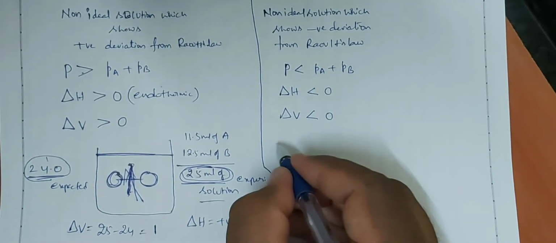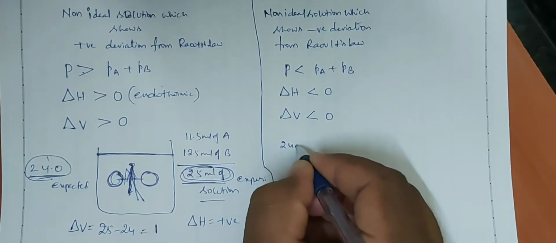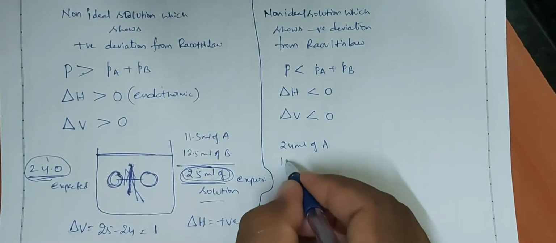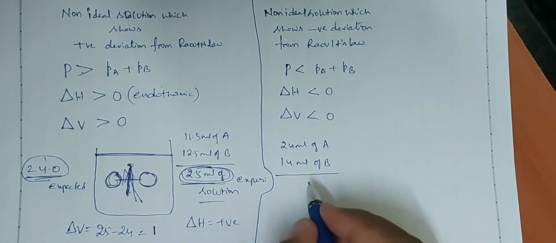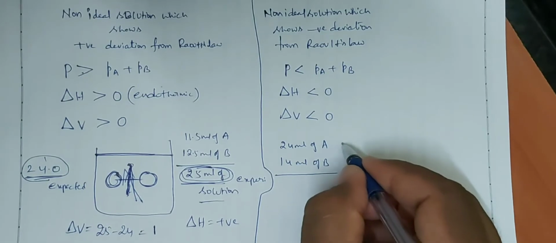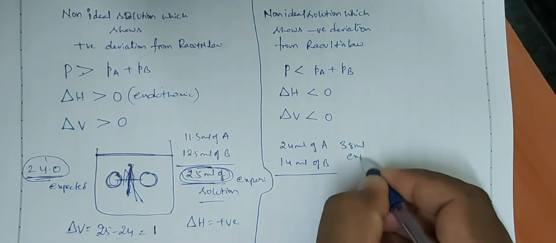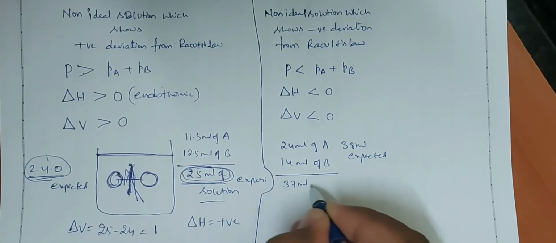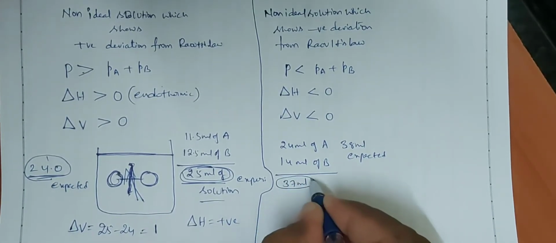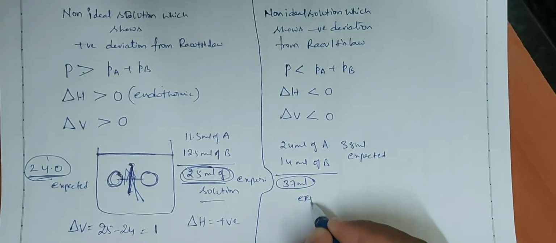Meaning, if you take 24 ml of A and 14 ml of B, our expected value is 38 ml, but it will show 37 ml. 37 ml is the experimental value.